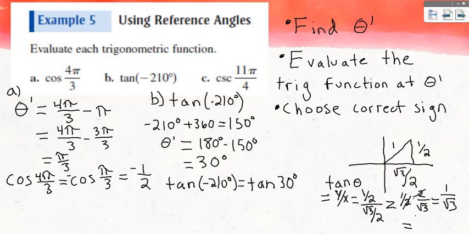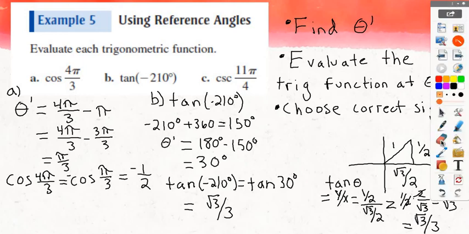We would need to rationalize that, so we end up with the square root of 3 over 3. And then we just need to decide if we're in our, we said the second quadrant. We know that tangent is going to be negative in our second quadrant, so we need to add a negative symbol.